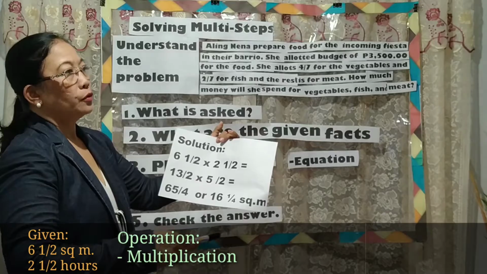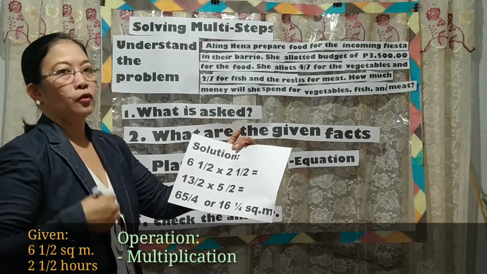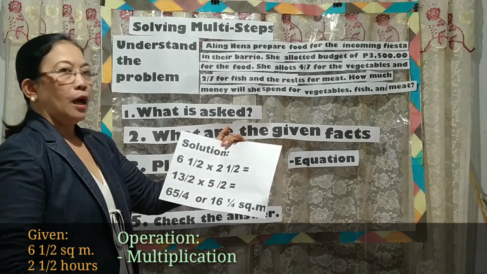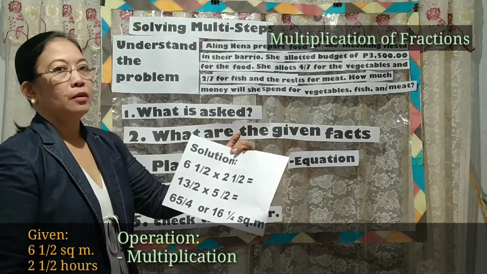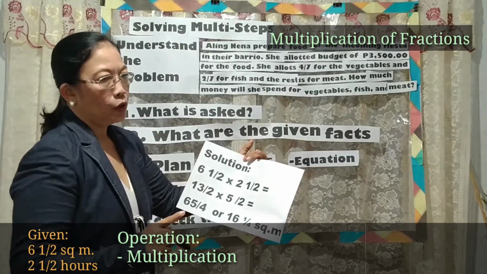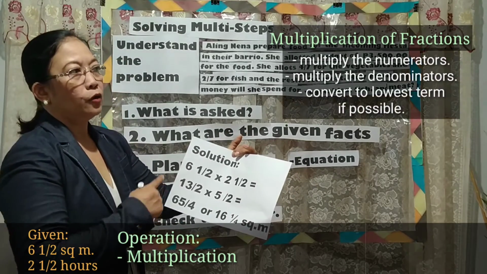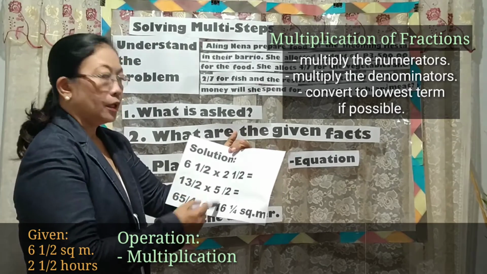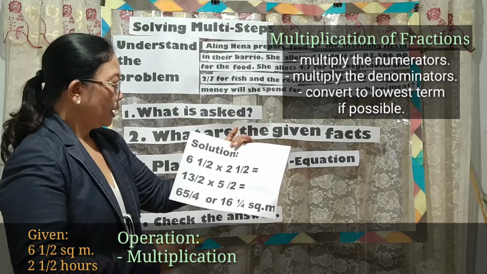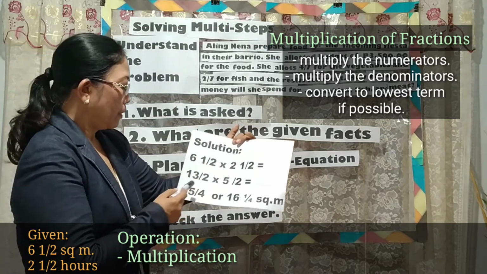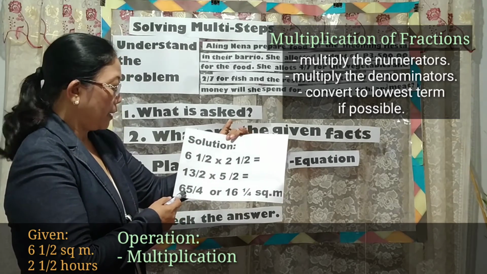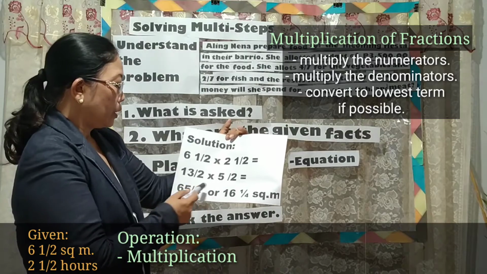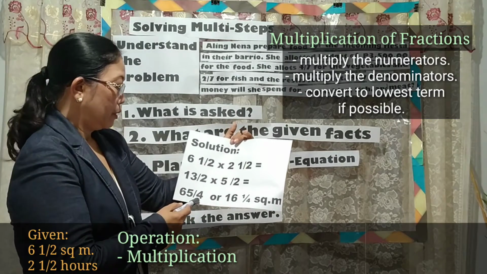Then you proceed to multiplication. O, paano nga natin ginagawa ulit? Ang pag-multiply ng fraction. Okay, tandaan, just multiply the numerator by the numerator and the denominator by the denominator. So 13 times 5 gives you an answer of 65 and 2 times 2 is equals to 4.